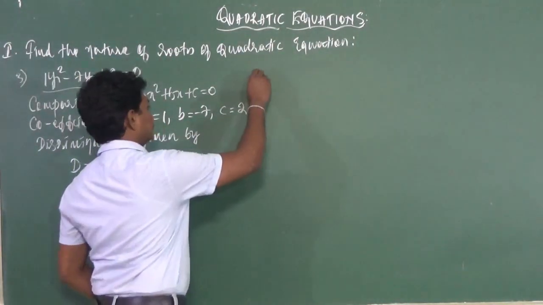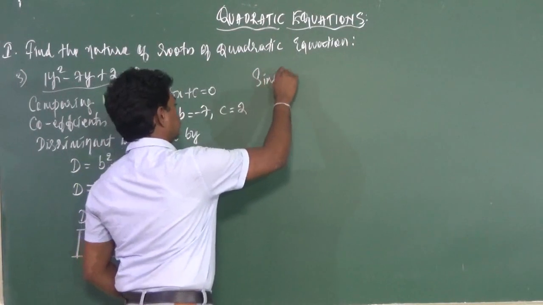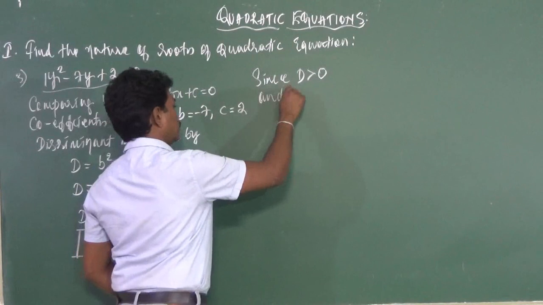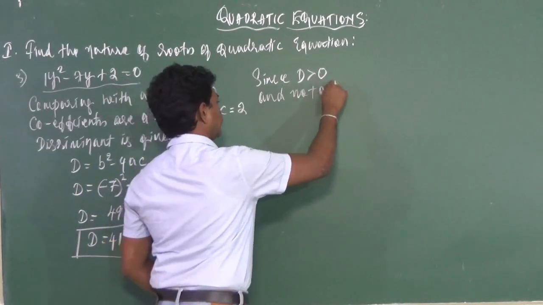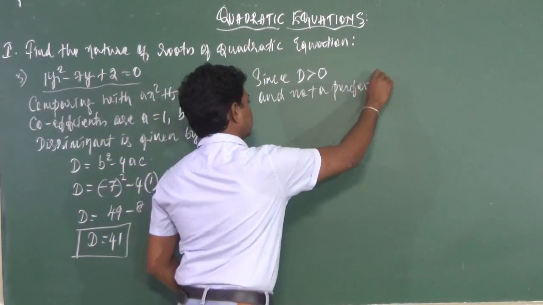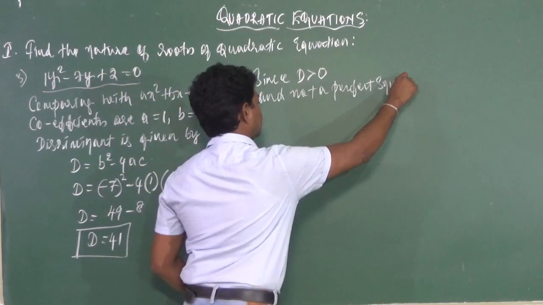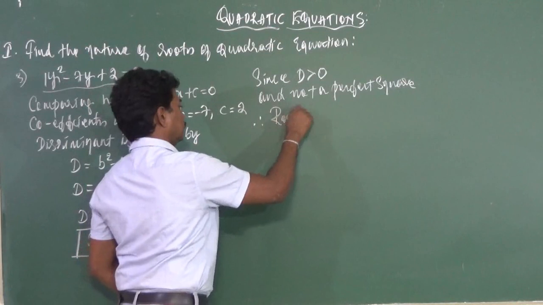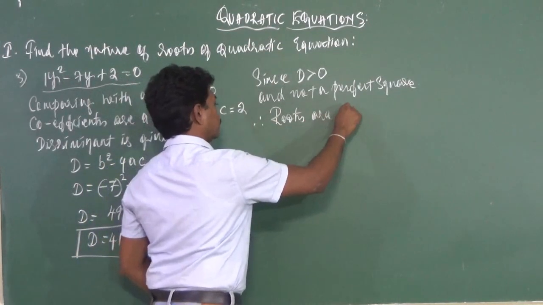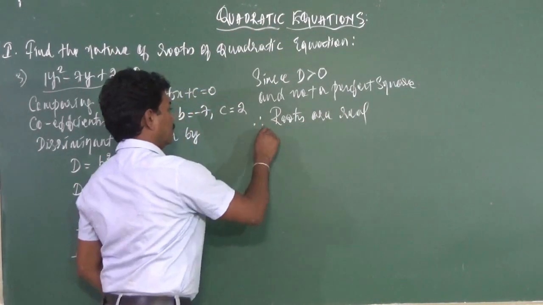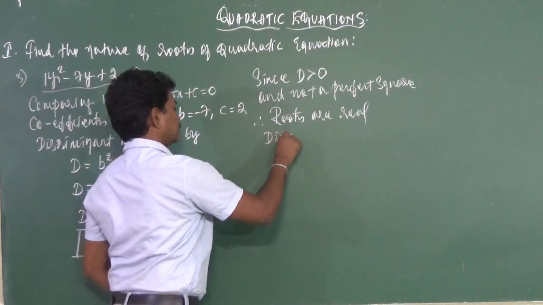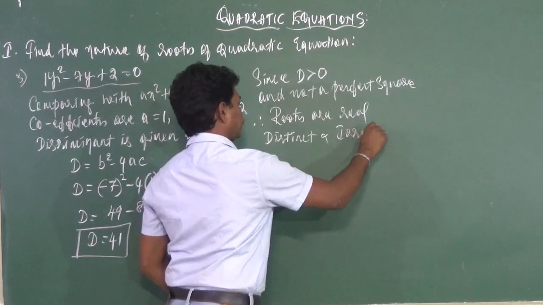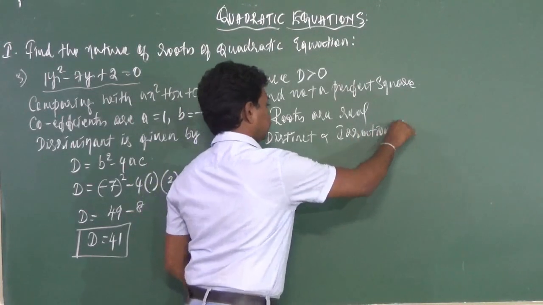So since D is greater than 0 and not a perfect square, therefore the roots are real, distinct and irrational. Very good.